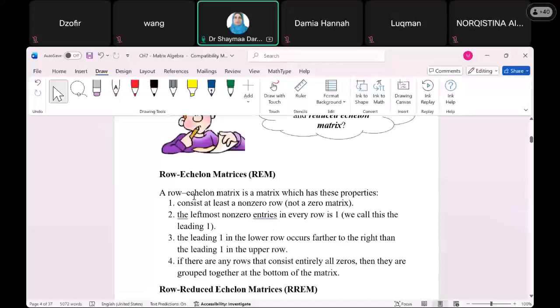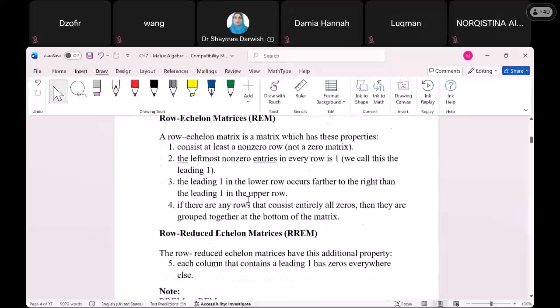If the matrix satisfies these 4 conditions, we call it a row echelon matrix, or in row echelon form. If we add another condition, I mean we satisfy the first 4 conditions and the fifth condition also, we call it reduced row echelon form.